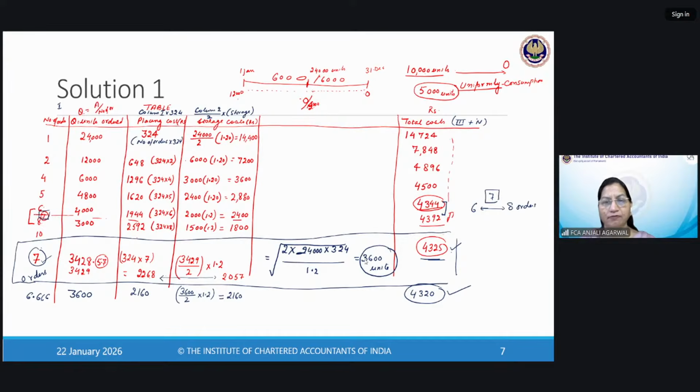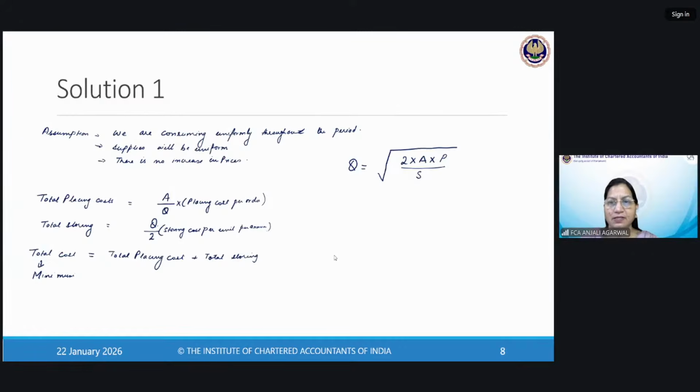So if you go by formula, the economic order quantity is 3,600 units per order. But like I said, it is not possible to place 6.66 orders. So if you're solving EOQ questions like this, you can always say that the answer to this question is 3,600 units.